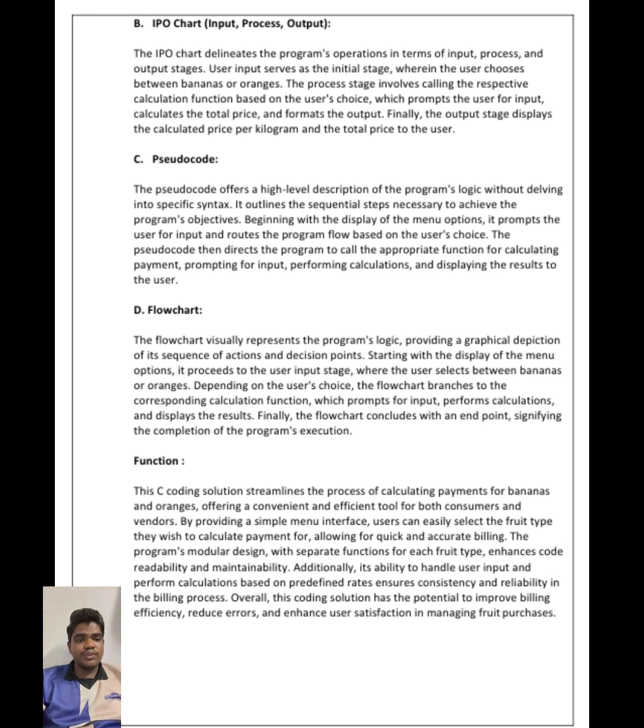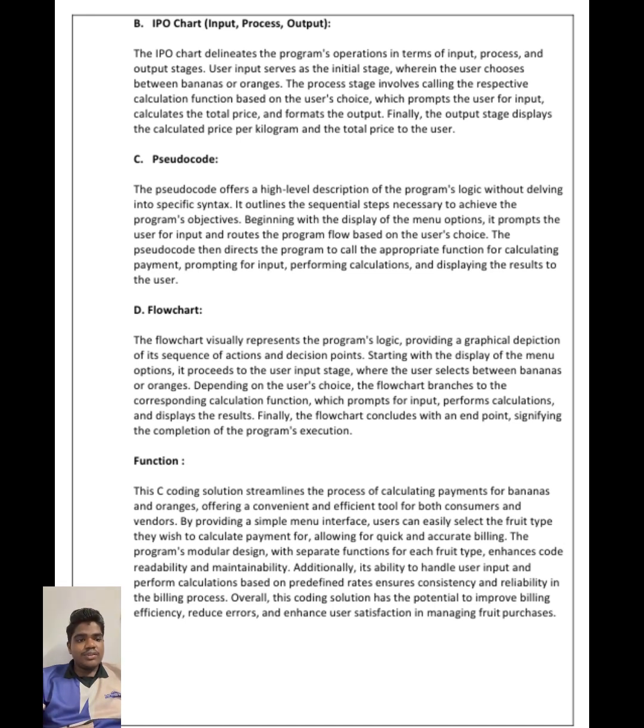The fourth is the flowchart. The flowchart visually represents the program's logic, providing a graphical depiction of its sequence of actions and decision points. Starting with the display of the menu options, it proceeds to the user input stage, where the user selects between bananas or oranges.